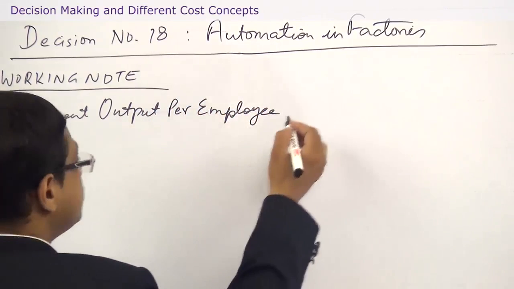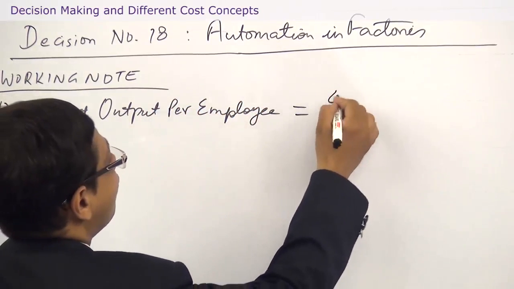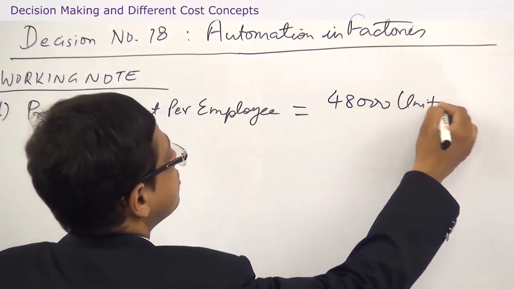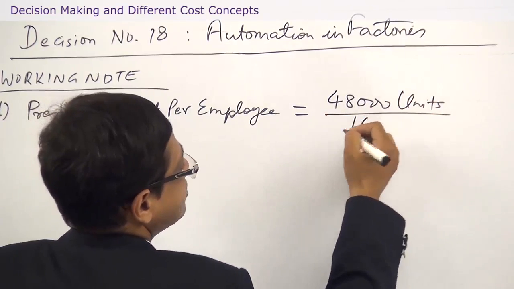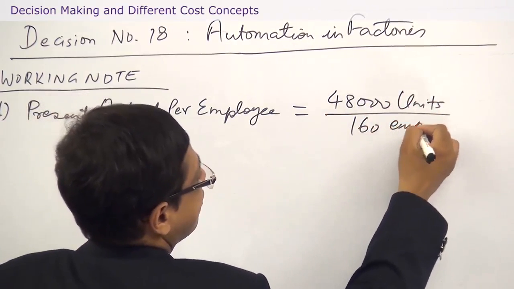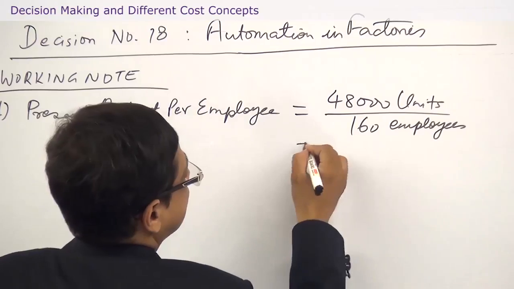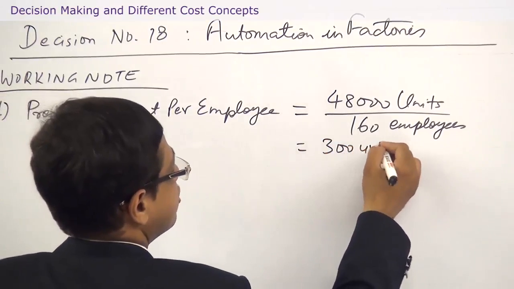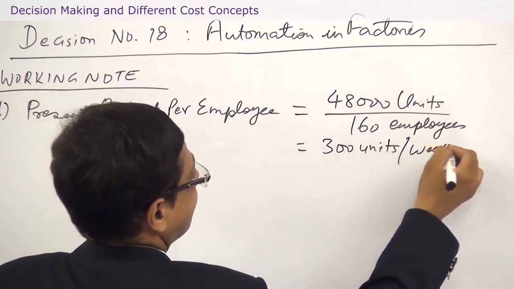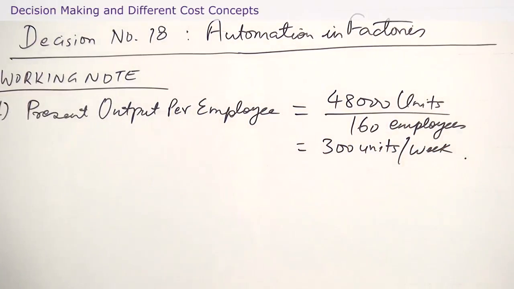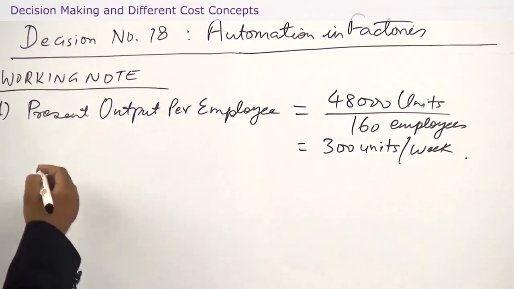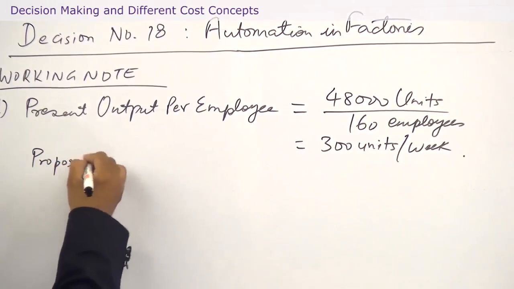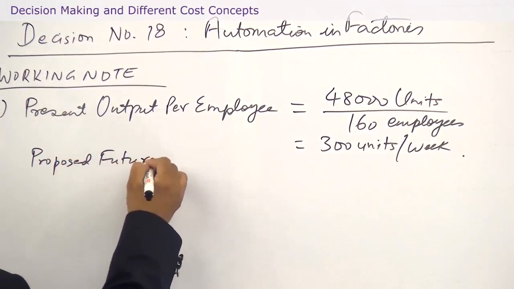You have 48,000 units produced per week. You have 160 employees. So you are having 300 units produced per employee per week. Now, the proposed future output.